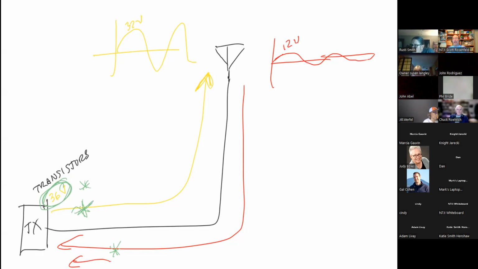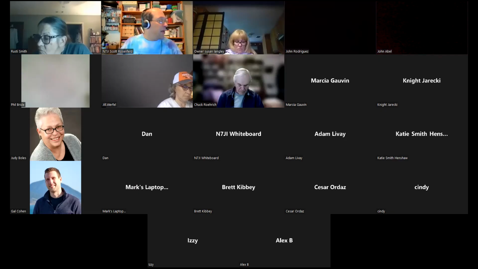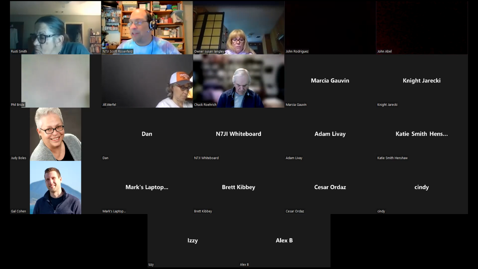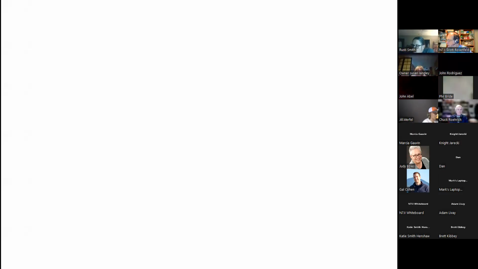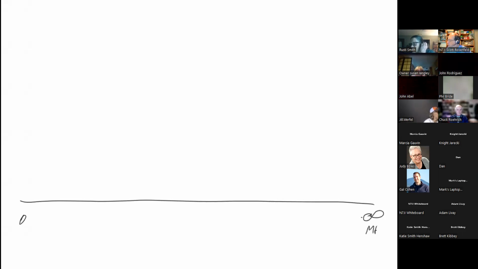Okay, an antenna analyzer. What we're also talking about is something called an antenna analyzer. Now, if I were to take a frequency response picture of my antenna, and let's say I had from 0 up to infinity megahertz, I would see that my SWR might look something like this.